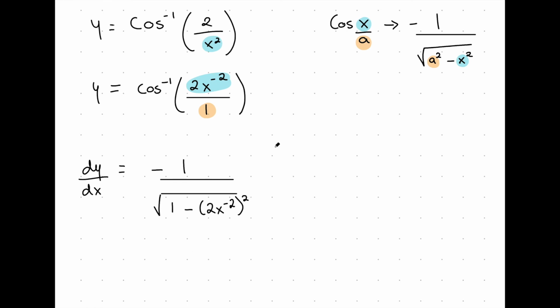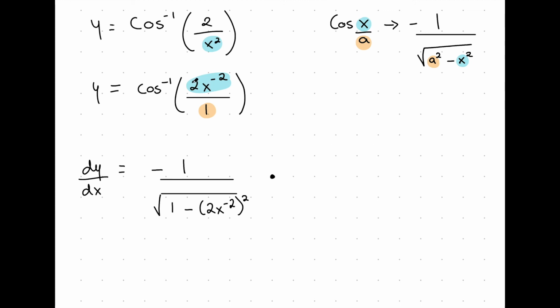And then remember, if I'm ever using one of those rules from the log tables, it goes with the chain rule. What does that mean? It means I have to multiply by the differential of what's in the bracket, the second part of the composite function.